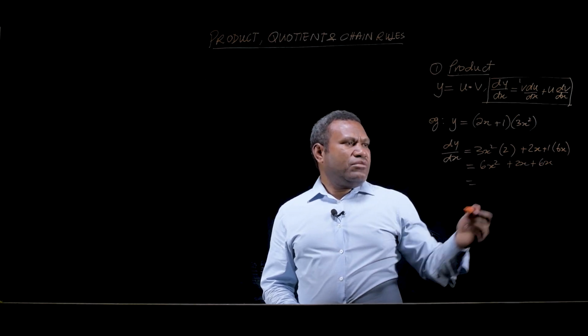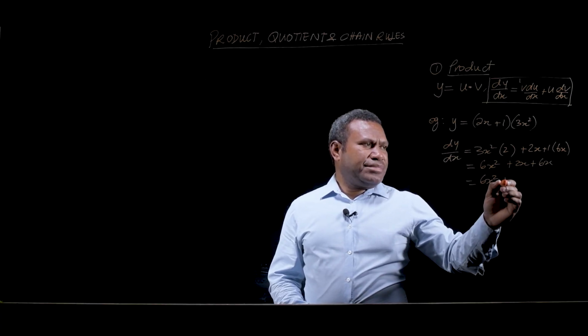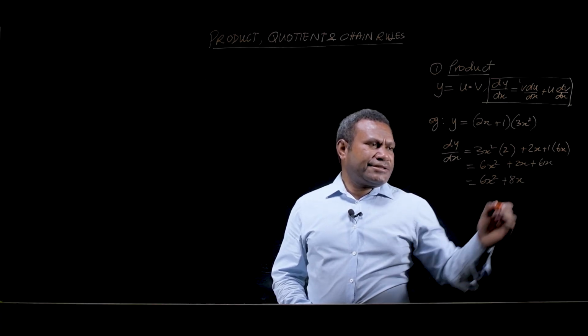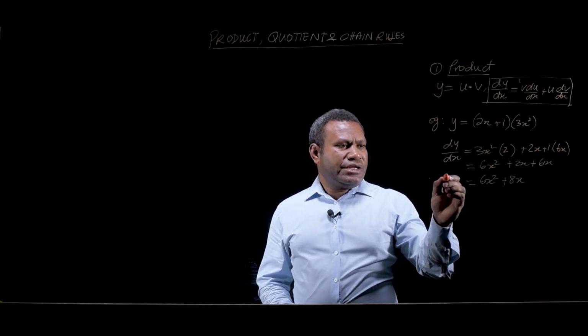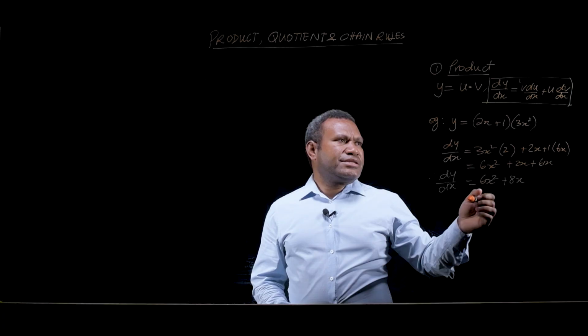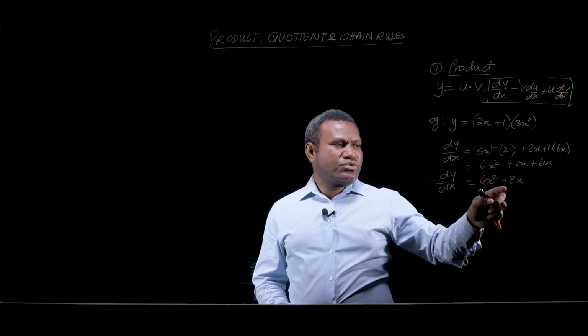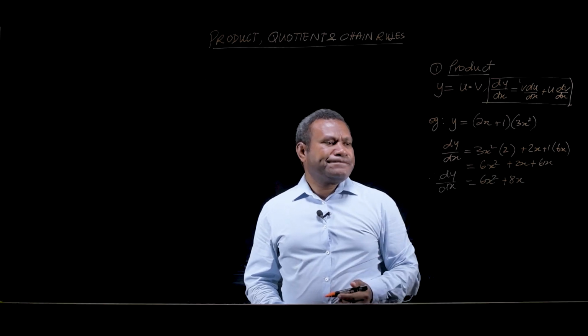Therefore, finally, our simplified expression will be 6x squared plus 8x. Therefore, the derivative dy over dx of this function, which is a product function, is 6x squared plus 8x.